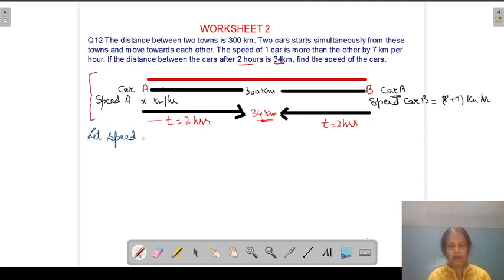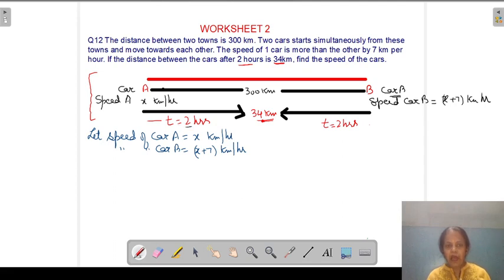Now, the speed of car A, according to the question, we have taken as x kilometers per hour, and the speed of car B we have assumed as x plus 7 kilometers per hour.